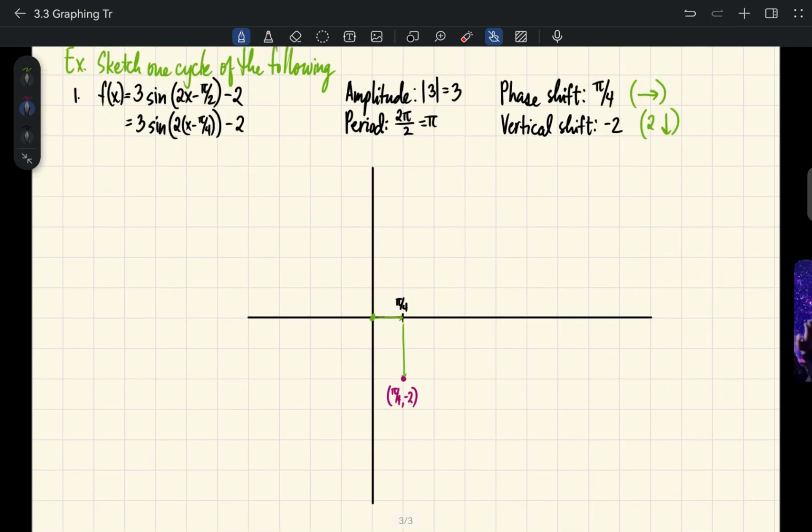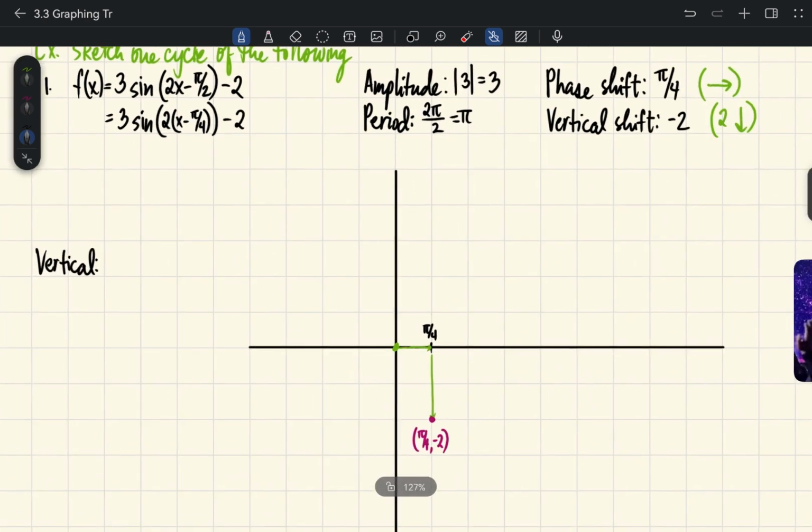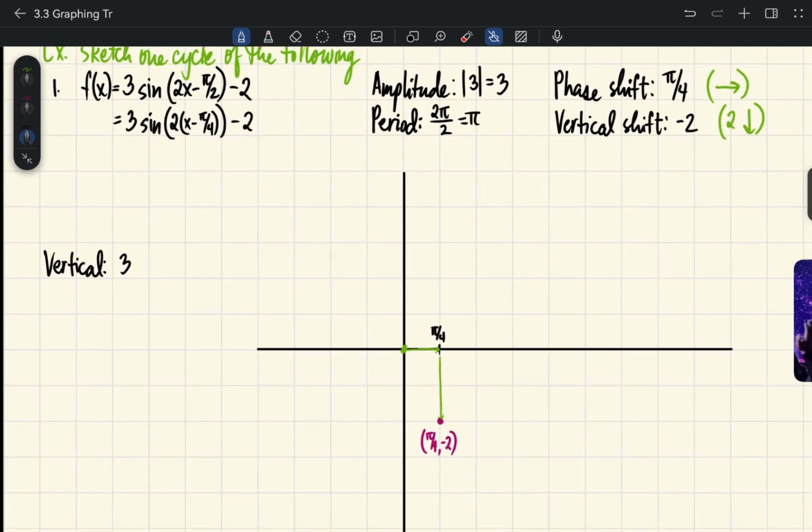Next, to follow our framework, we need your vertical and horizontal movement. For the vertical movement, that's just your amplitude. So our amplitude is 3. Then for your horizontal movement, that's your period over 4.